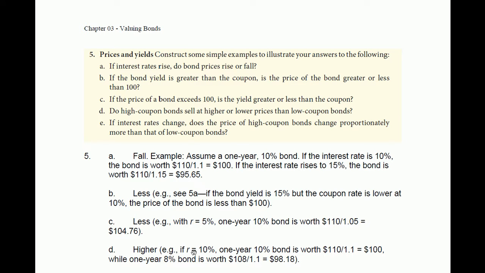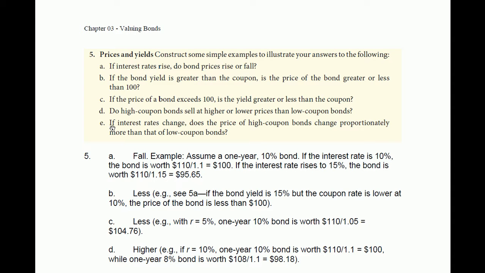A simple example would be if the interest rate is fixed at 10%, a 1-year 10% coupon bond is worth 110 over 1.1 equals 100. The price is 100. While a 1-year 8% coupon bond is worth 108 over 1.1 equals 98.18. So the higher coupon bonds sell at a higher price than lower coupon bonds.